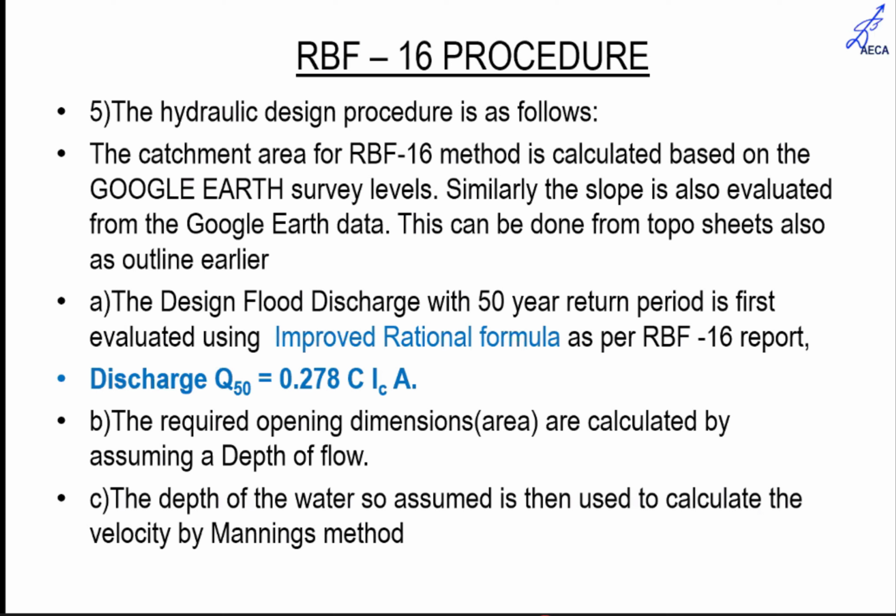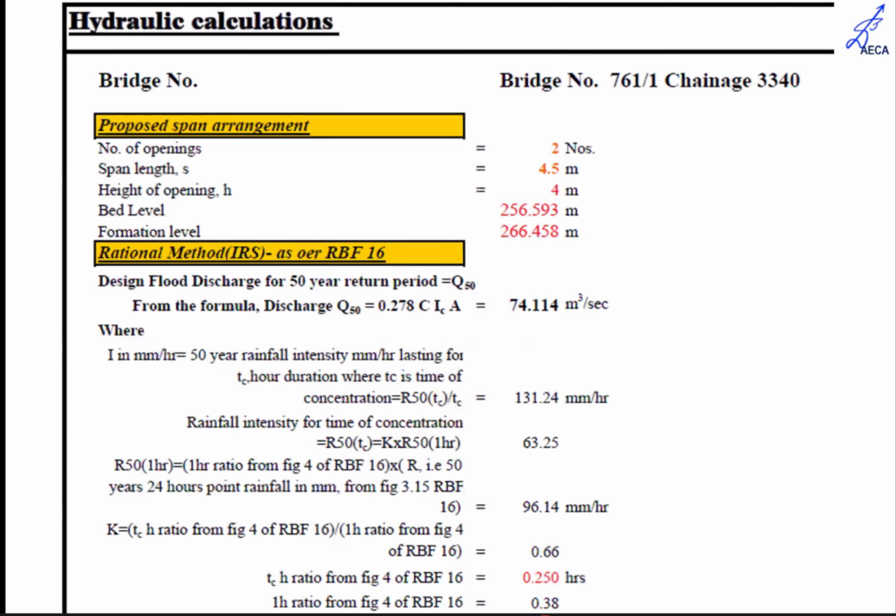And the discharge is basically directly proportional to that. So there are many different empirical formulas, then the unit hydrograph methods, RBF 16, the modified rational formula and the improved rational formula. Basically, in all these formulas, the principle is that discharge is proportional to CIA, that is the coefficient, intensity, and area of the catchment.